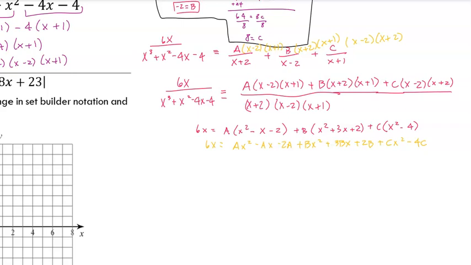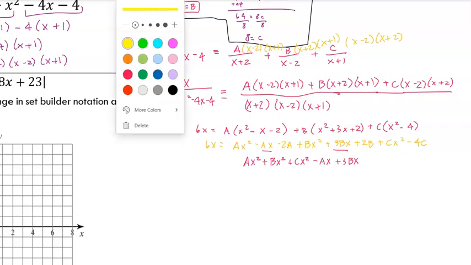So I'm going to gather up ax squared plus bx squared plus cx squared, and then minus ax plus 3bx, and let me color code these.